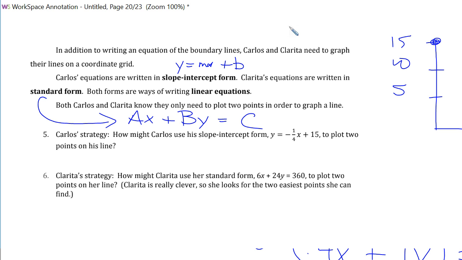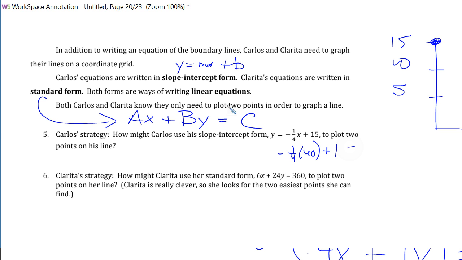What would be a smart number to put in for x since it's a fourth? I agree. How about a 4 or a 40? Okay, okay. So what's negative 1/4 times 40? That's negative 10, and negative 10 plus 15.